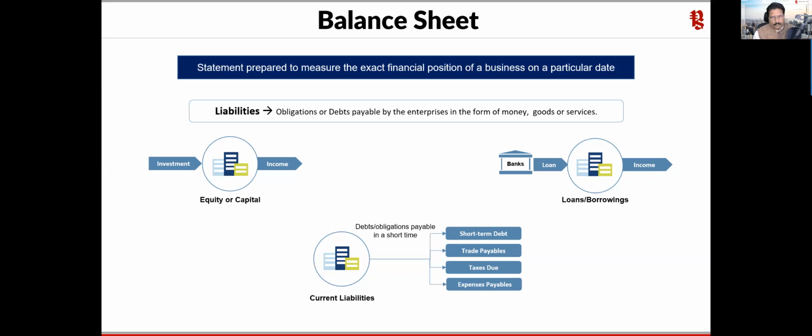Examples of expenses payable are your salary payable, rent payable, maybe electricity and water charges payable, maybe telephone or mobile bills payable, right? So these are your payables, which again are shorter in time, where you have to make the payment.